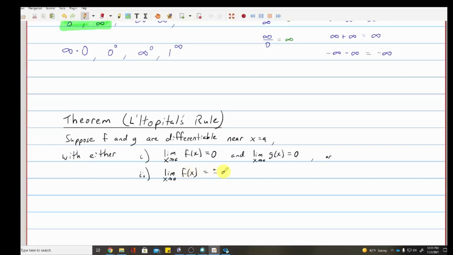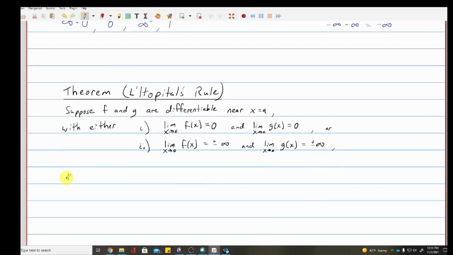And it doesn't really matter which infinity we have, as long as they're both infinite. Okay, so these are our conditions. Then the limit as x approaches a of f of x divided by g of x is equal to the limit as x approaches a of f prime of x over g prime of x.